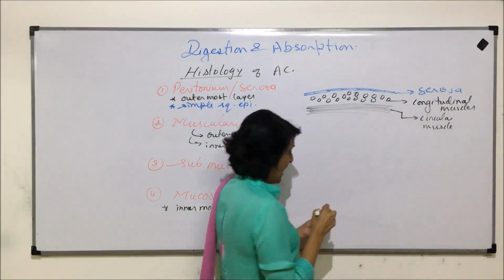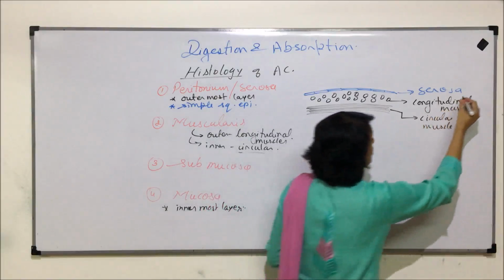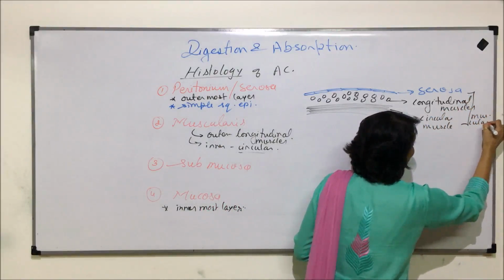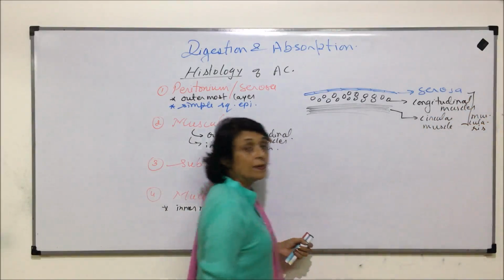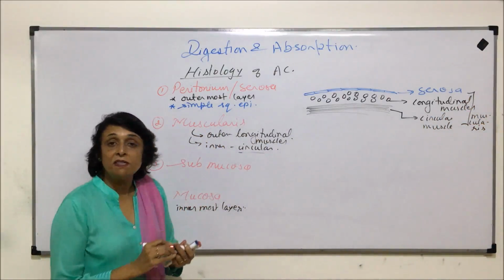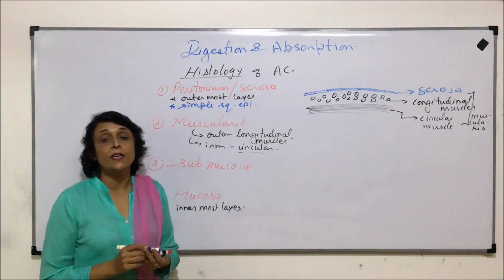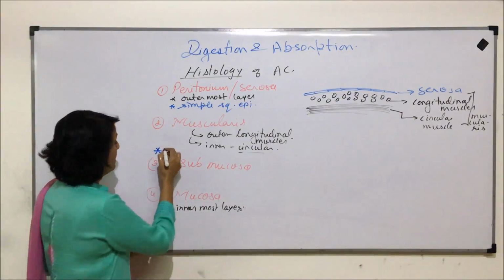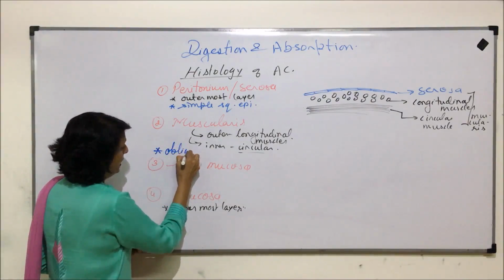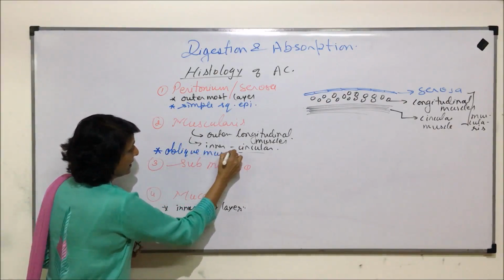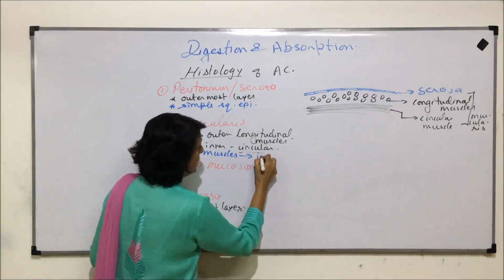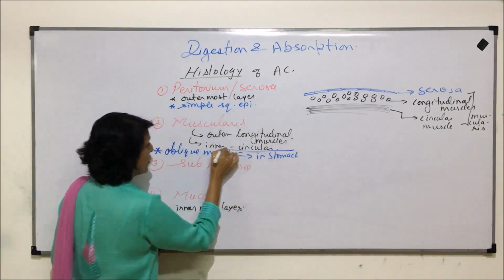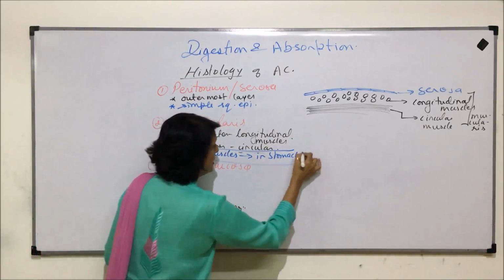Together these 2 make muscularis, that is the muscle layer. And as we said, in stomach there is one more type of muscle, that is oblique muscles. So this is one very important thing.